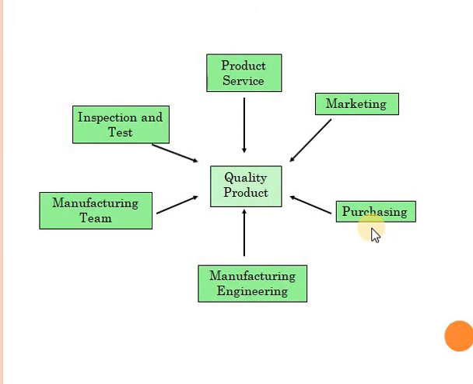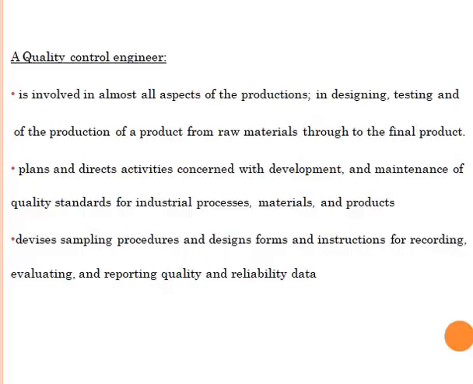So if I want to have a good quality product, this means that I have to purchase good raw material from the beginning. Then I need to inspect the final product, test it: is it according to the specifications or not? Then how do we do its marketing? How do we do the after-sale service? All this determines the level of quality of a certain product or service.